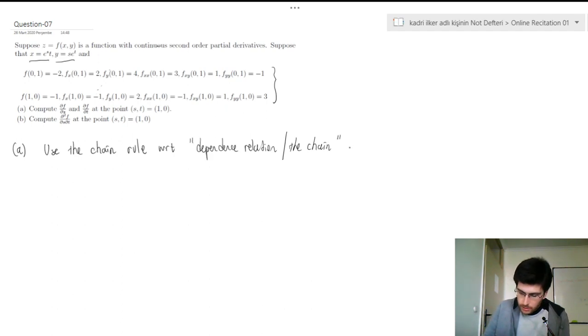What I mean is the following. If you look carefully, we start with some function like this. And this function depends actually on two variables, x and y. And x and y depend on some other two variables.